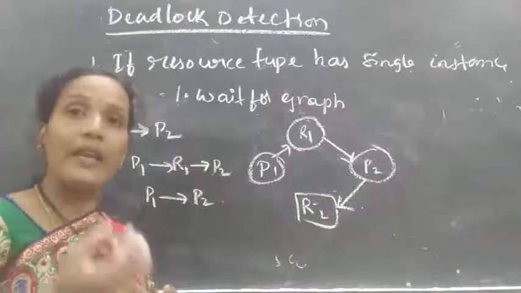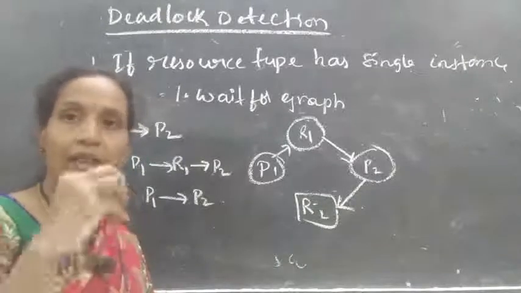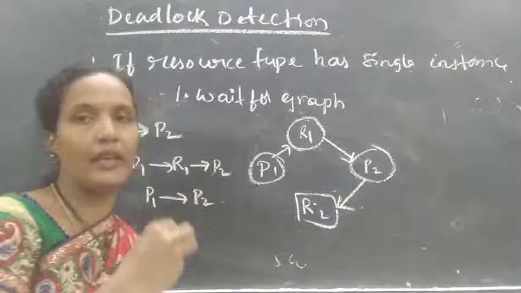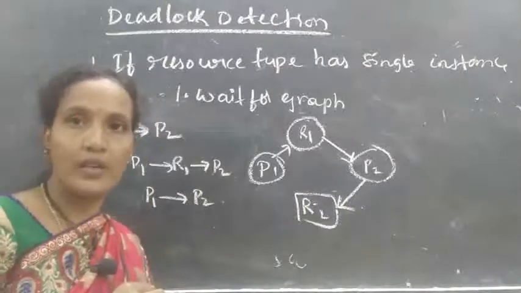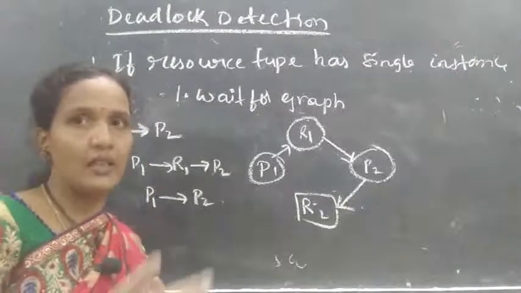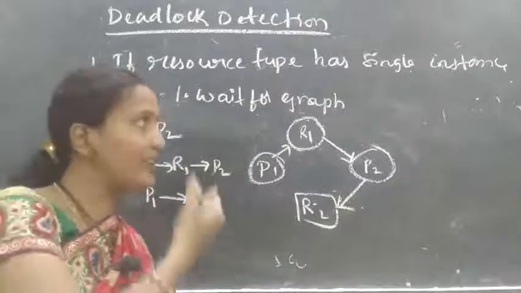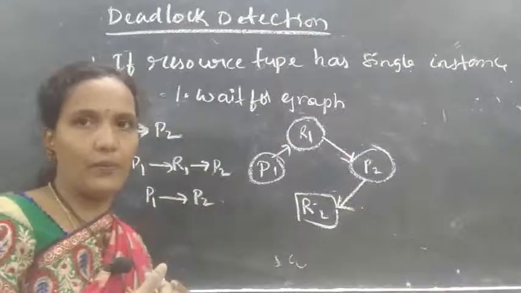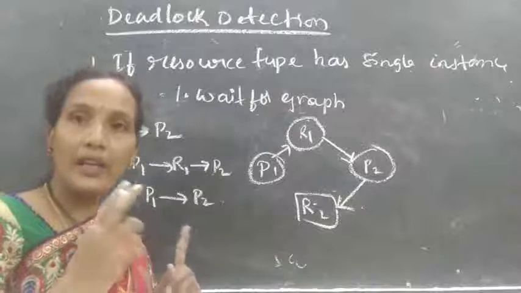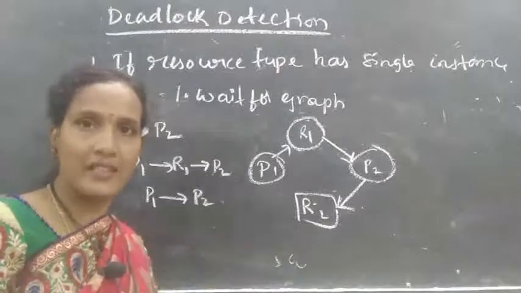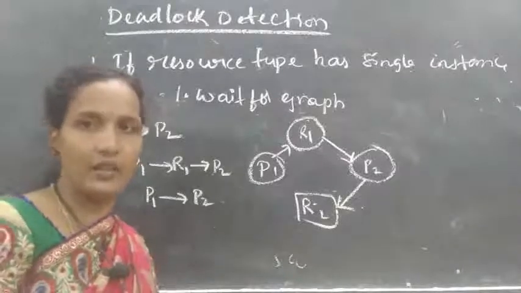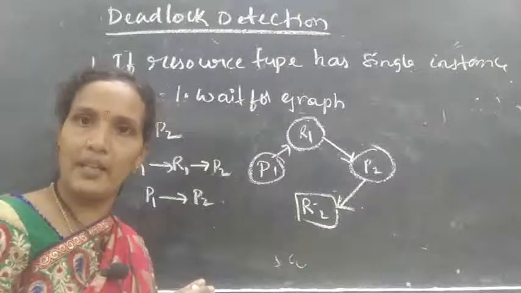Wait-for graph. In the wait-for graph, if there is a cycle, then there is a deadlock. Understood? And how to construct a wait-for graph, with an example, I will explain now. So, if the resource type has a single instance and there is a deadlock, then what will we use to detect the deadlock?